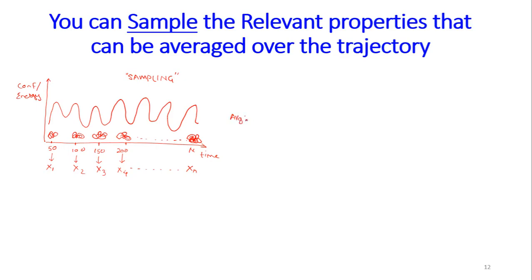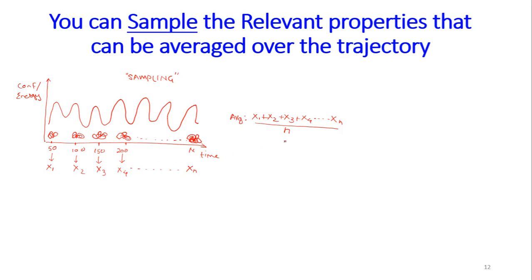That is what we are going to do: we add x1 to x2 to x3 to x4, up to xn, and divide by the number of frames that you have saved.